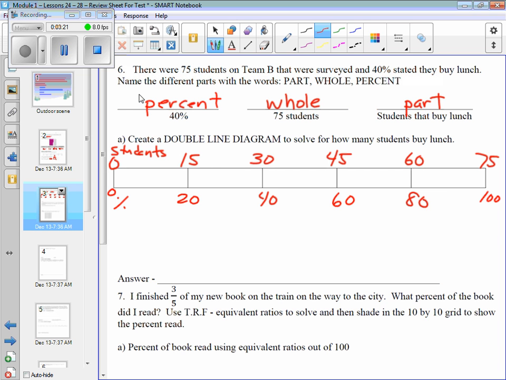So now you go back to the question, and they're telling you that 40% state that they buy lunch. Well, so you find your 40%, and its corresponding number or quantity is 30 students. And that's how you can do it using a double line diagram.